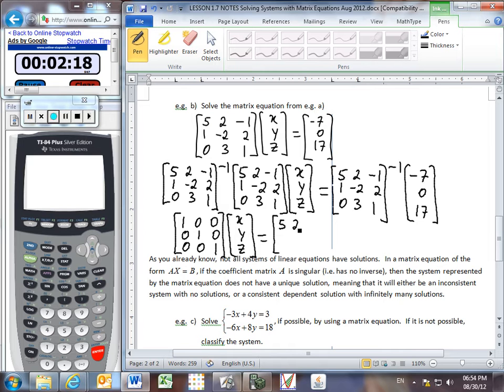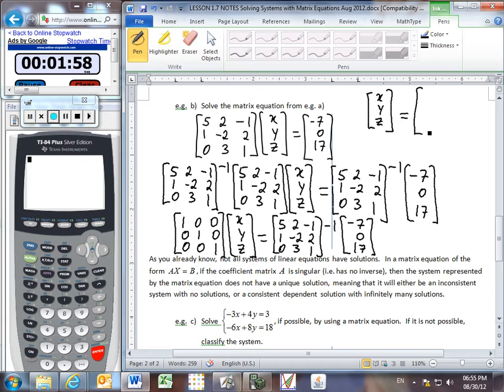And so we're taking the inverse of this and multiplying it by -7, 0, 17. Now what's the identity times our variable matrix x, y, z? Well, of course, that just gives us the x, y, z, doesn't it? So in order to get our solutions, I just have to do the multiplication of A inverse by B.